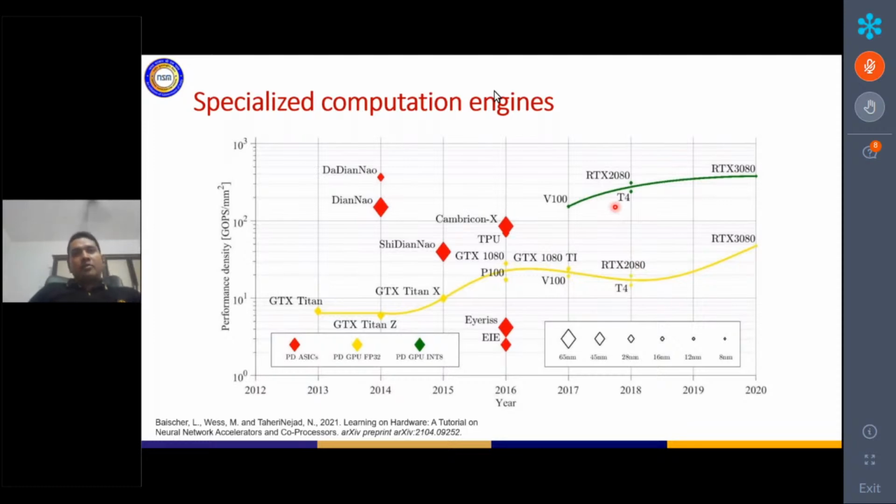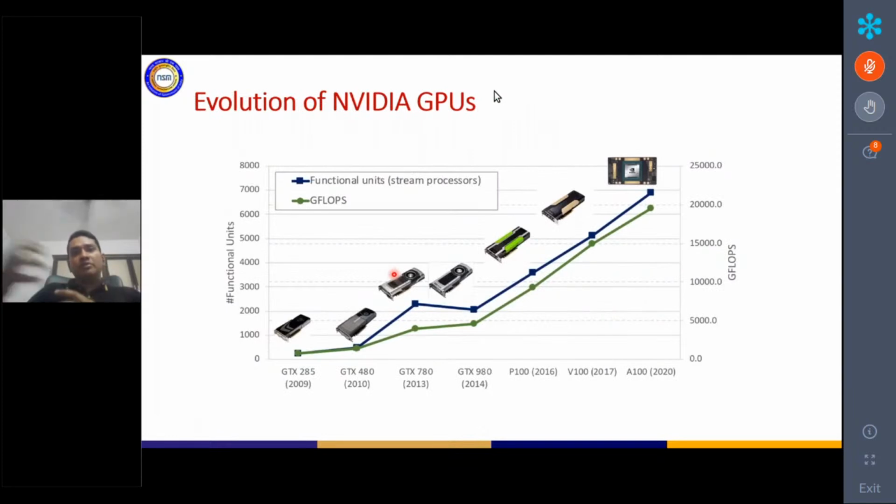Now, next, we will go into some details of evaluation of different GPUs from the mainstream NVIDIA GPUs that are available in the market nowadays, and their number of functional units. So with an increased number of functional units, you are increasing the performance density and achieving many more gigaflops per second.